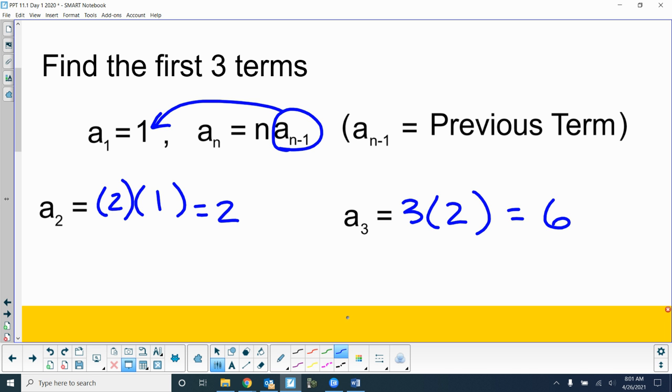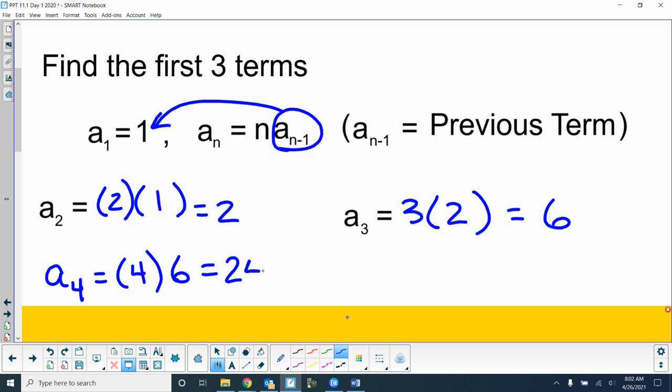They give you the first one. If we had to find the fourth term, just to give you another example: n is 4, because n represents which term you're looking for. And then remember, a sub n minus 1 means the previous term. What was the previous term? 6.